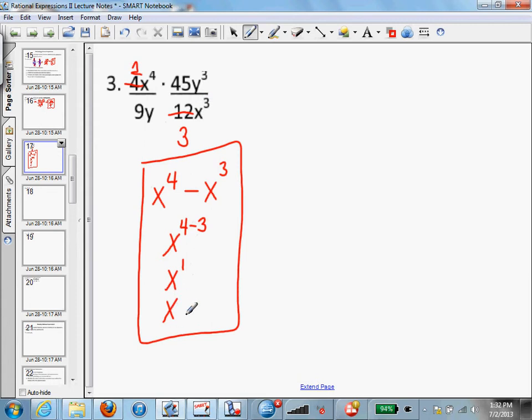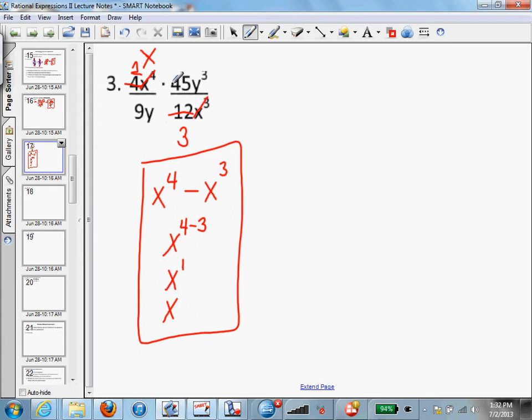We leave the variable with the biggest exponent, so on top you're left with 1x. The 12x cubed completely canceled out.